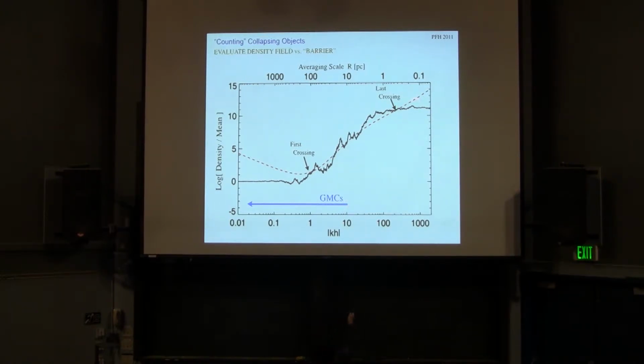And what's important is that no subscale here is independently self-gravitating, which means that this thing's collapsing and nothing inside it is breaking off and collapsing internally separately from the little parent cloud. So that physically sounds a lot like something like a core and might be analogous to something like the core mass function or the initial mass function of stars.